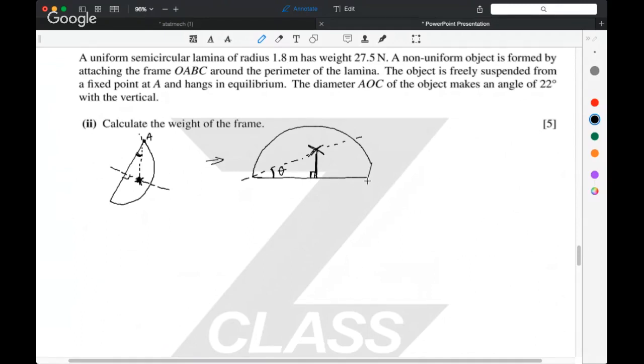The y center of mass, with this angle theta and this distance 1.8, is just equal to 1.8 tan of 22 degrees, which is 0.7273. So you can see that before we had 0.70, and now it's moved.